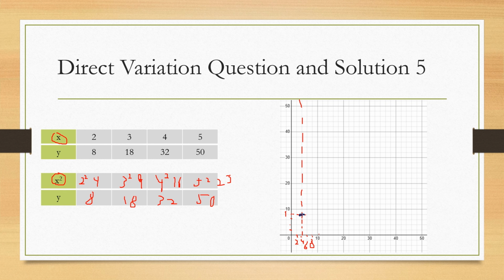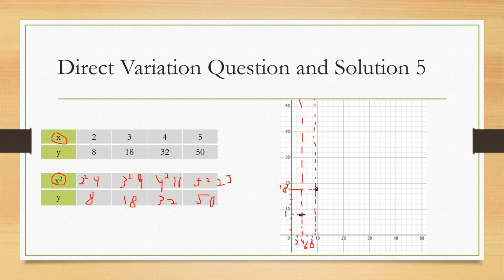Next box is 9. Since this is 8, this will be 9 in the middle. Let's do a dotted line, right? And then 18. This will be 12, 14, 16, 18. This will be 18. Do a dotted line. And then do a point here.